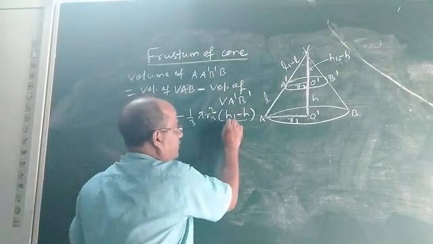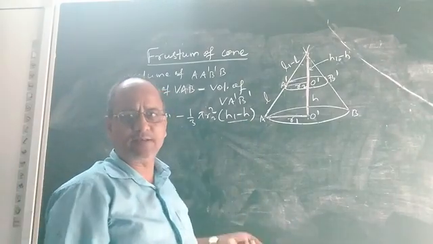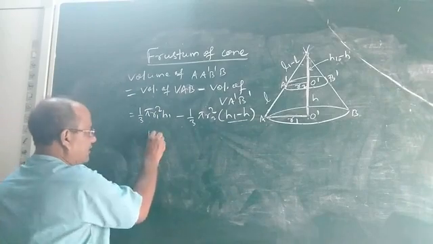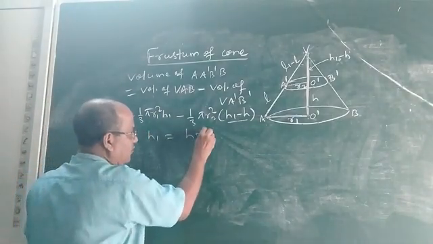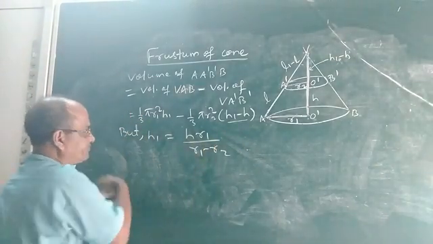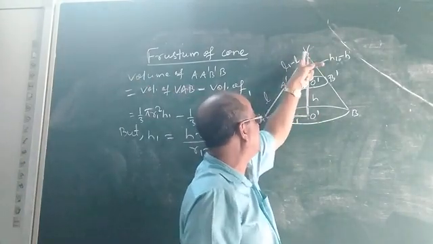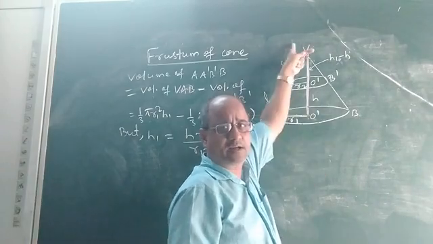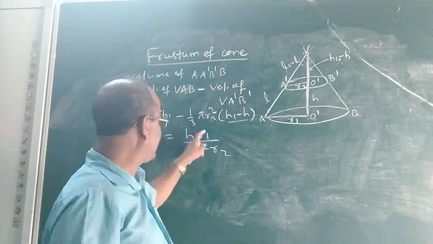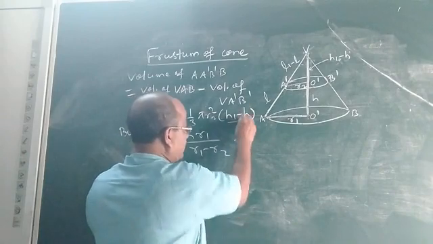Children, we have to find the value of h1 minus h. While discussing the formula for curved surface area, I already derived that h1 equals h r1 by r1 minus r2. This is the height of the cone VAB, h1.